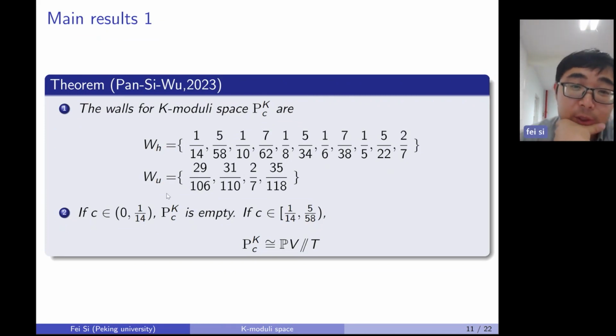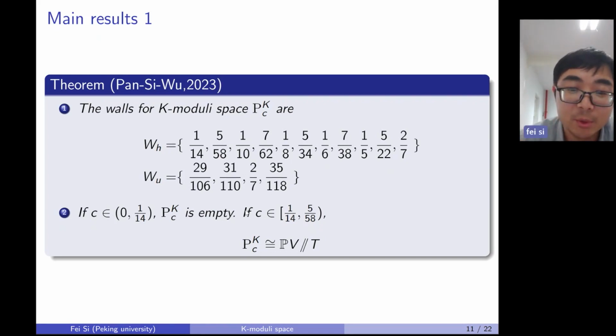Second, we prove that for c small, this space is empty because actually you know that P2 blow up 1 point is unstable. So if you use the interpretation of K-stability, you know that for small c, all the pairs will be unstable.